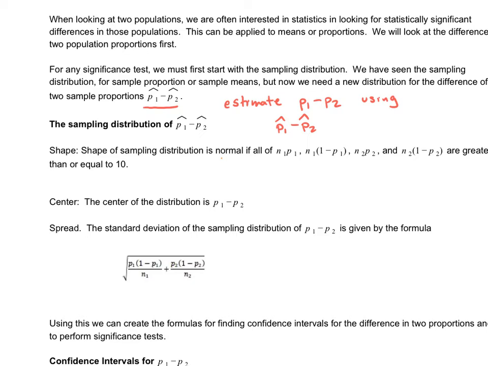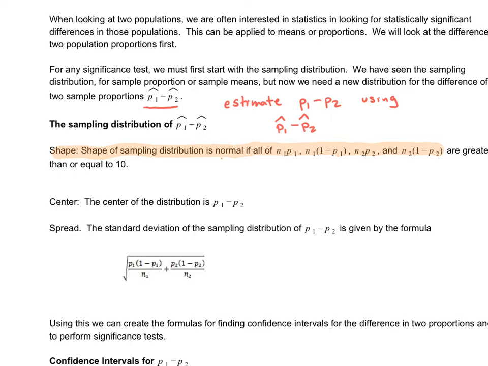The shape of a sampling distribution of P hat 1 minus P hat 2 is normal if all the following are true: N1 times P1, N1 times 1 minus P1, N2 times P2, N2 times 1 minus P2 are all greater than or equal to 10. So basically what we had before, except we have to check it for every single proportion and every single sample size. So there's just 4 of them that all have to be bigger than 10 versus 2.